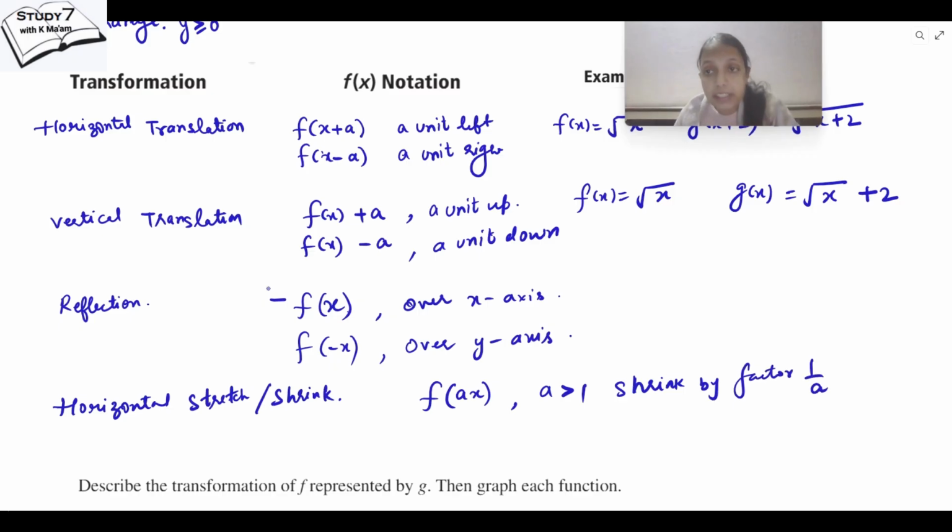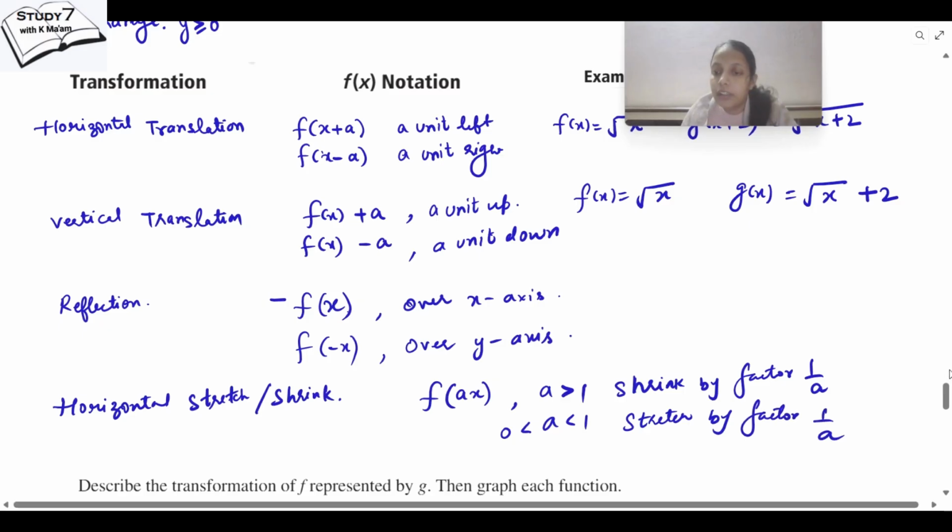In the horizontal case, you have to take the reciprocal of the factor. If a is between 0 and 1, it is a stretch by factor 1 over a.